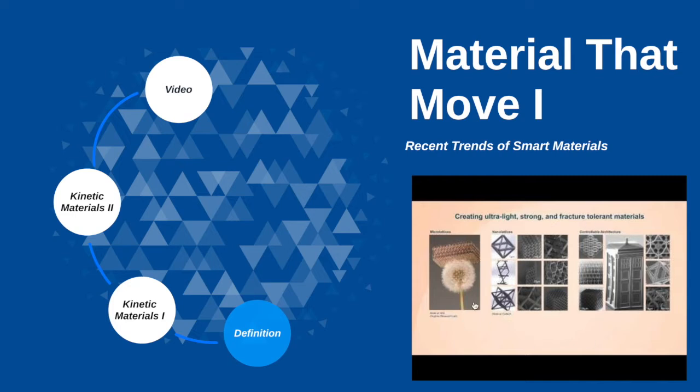Please watch this first. This is the introduction for how to create ultra light and strong, and fracture tolerant materials. So it will be combining the nanomaterial, the architectural design, and then the material itself.